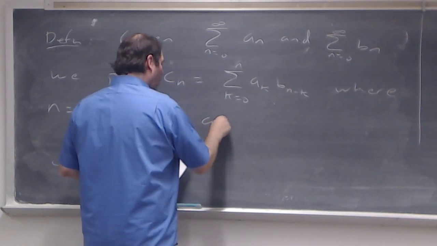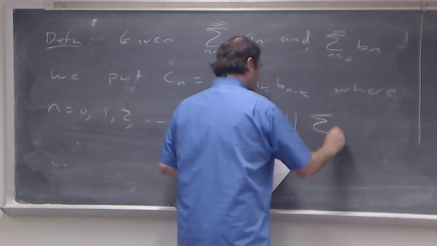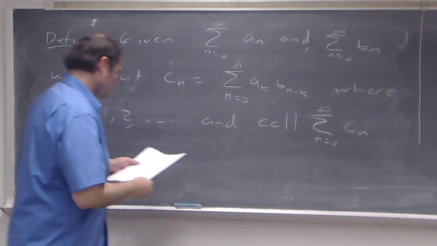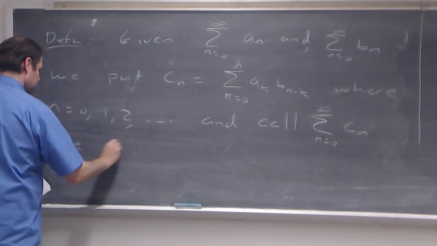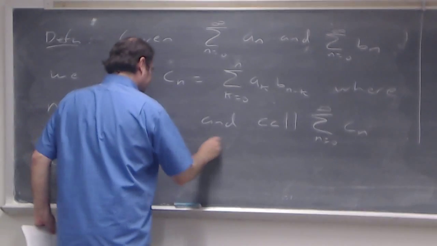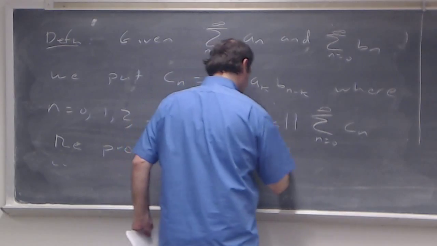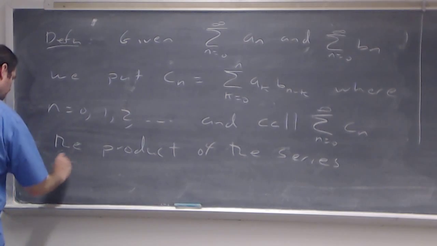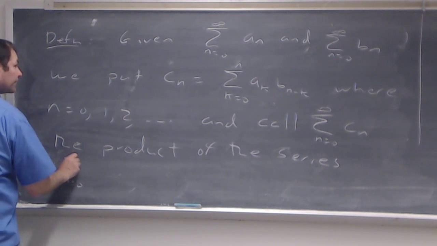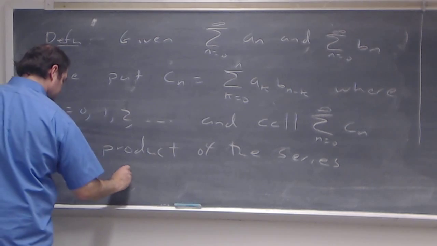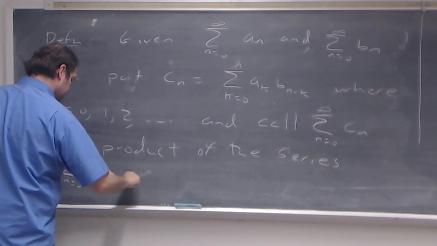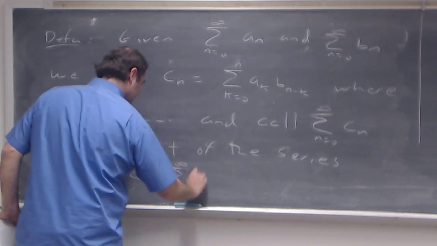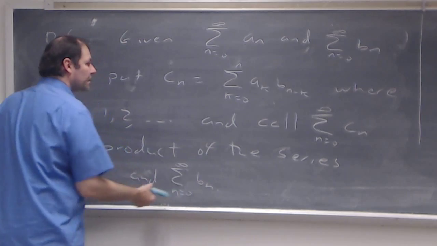Okay? And call the sum as n runs from 0 to infinity of the c sub n the product of the series, the sum as n runs from 0 to infinity of a sub n with the series of the b sub n's. That's its definition.